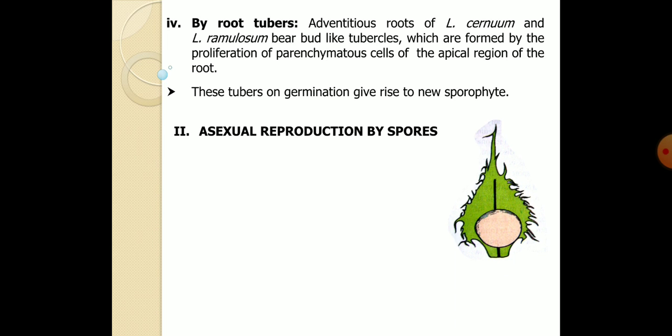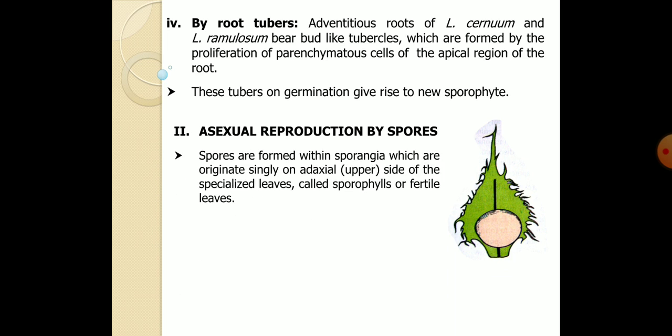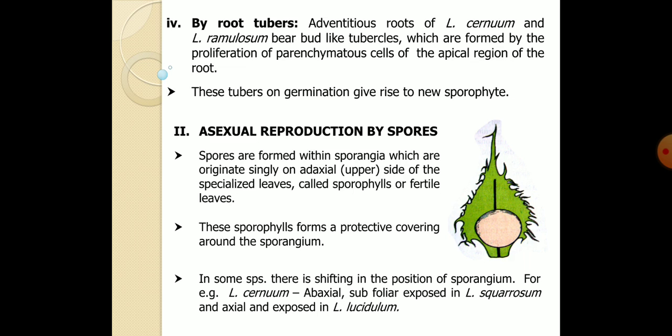Asexual reproduction in case of the Lycopodium is by spores. All the spores are homosporous in nature. They usually produce leaves with spores on the adaxial, that is the upper surface. That is why it is called a sporophyll, meaning the leaf with the spores, and this leaf helps in protecting the spores.